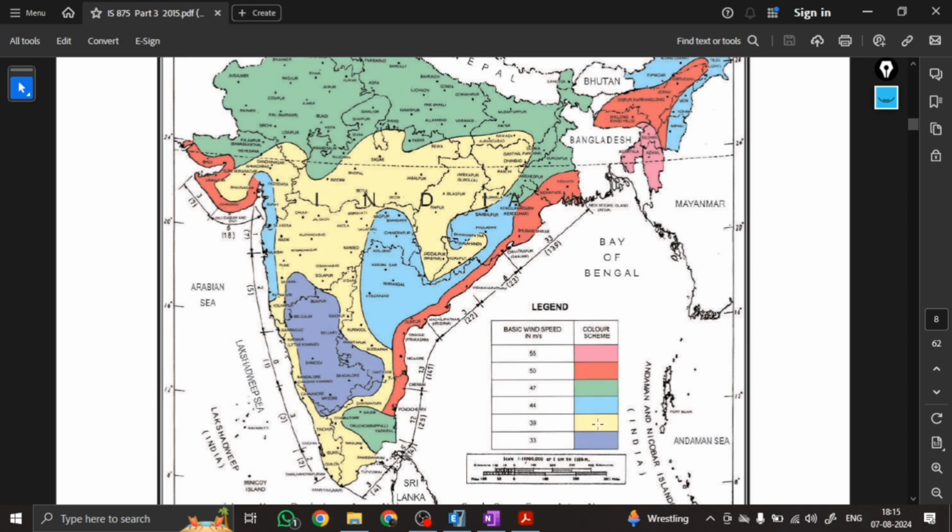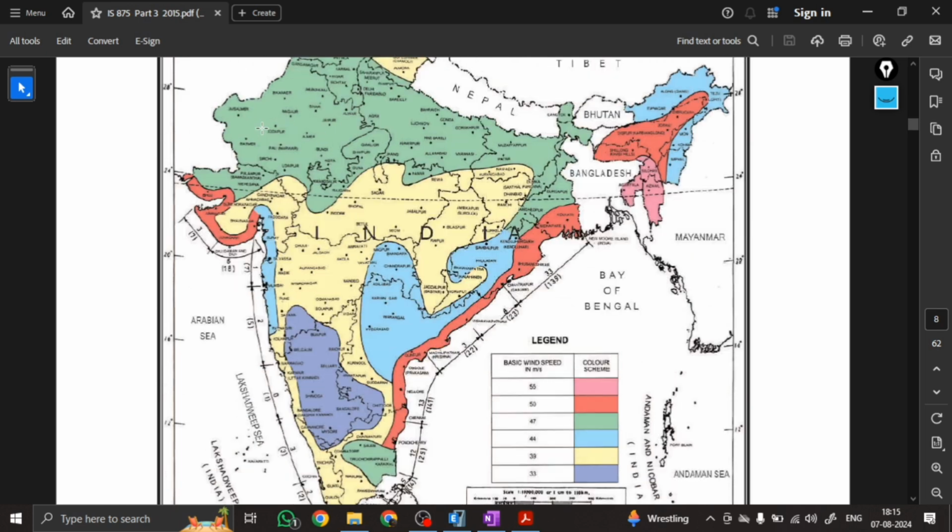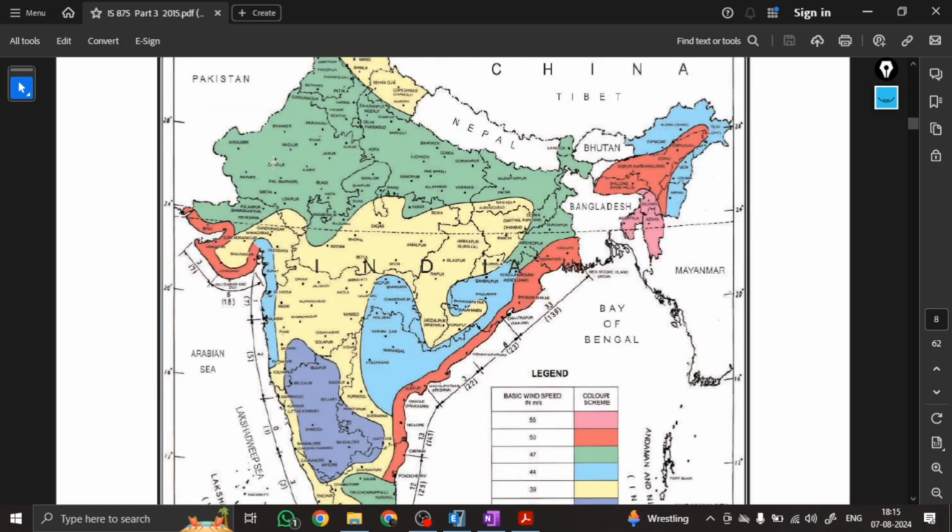Yellow is 39 and this sky blue is 44. Green is 47, this region, so it has 47 meter per second, and this red has 50 meter per second, this border area, and pink color has 55 meter per second. Pink color we have this much only.